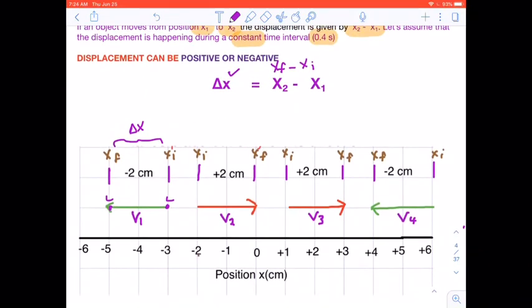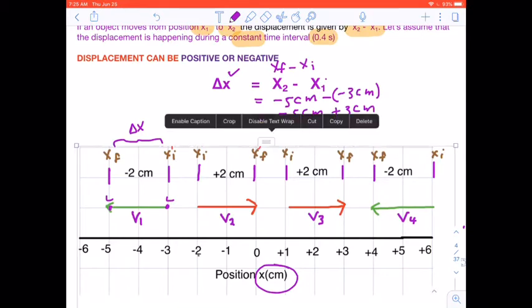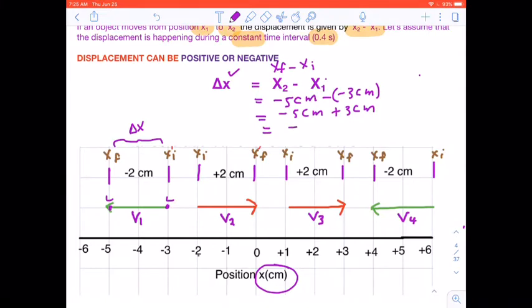Our change in x would be minus 5, and this is in centimeters, so minus 5 centimeters minus the initial one, which is minus 3 centimeters, which gives us minus 5 centimeters plus 3 centimeters, which is equal to minus 2 centimeters.